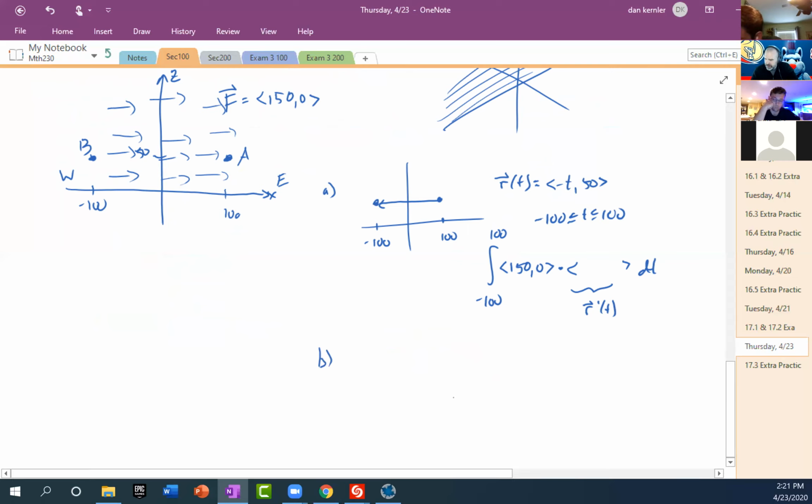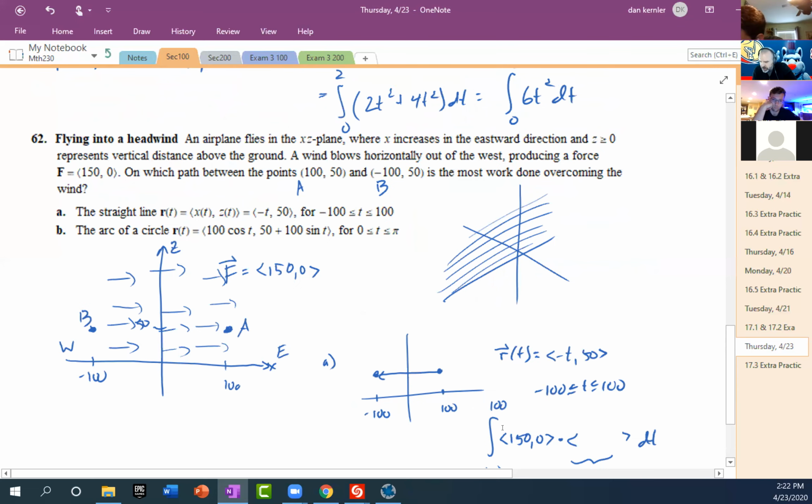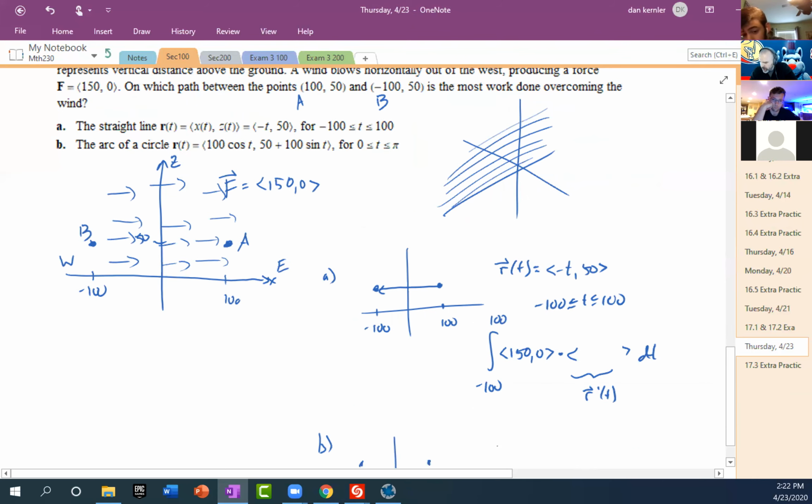And then for B, it's the same question about work, but it's a different path. It's the arc of a circle. And again, they give you the r of t. I think it'd be a more interesting question if they didn't. So they did save you a little bit of pain there. From 0 to pi.